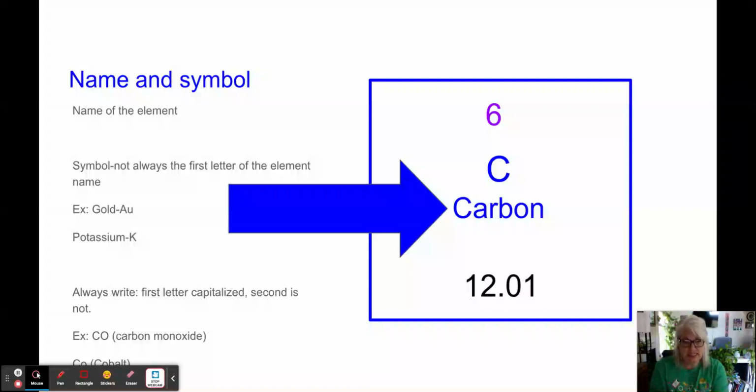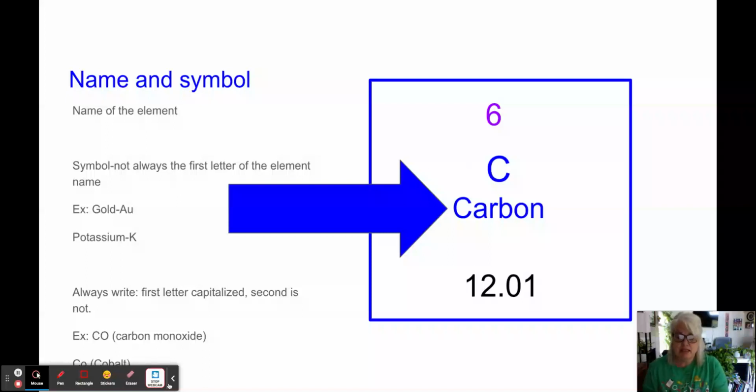Gold, for example, is Au, silver is Ag, potassium is K. There are lots of other ones. It can be named based on Latin, or based on where it's found. So remember that there are some weird ones on the periodic table where the symbol doesn't match the name. Some of those you're going to have to memorize.